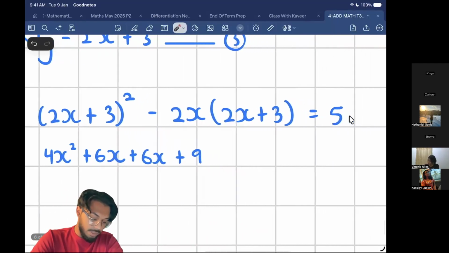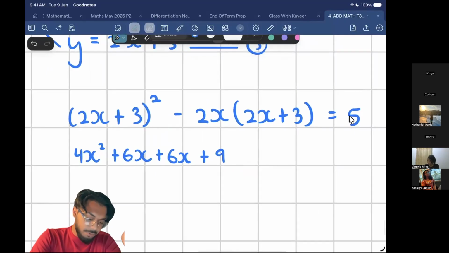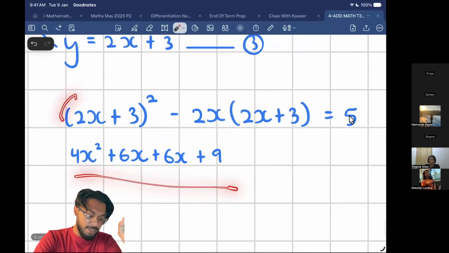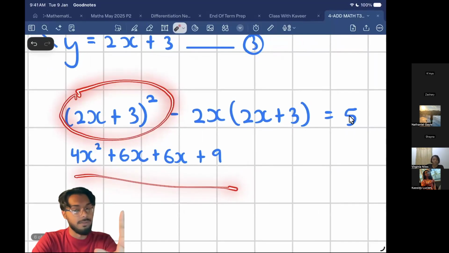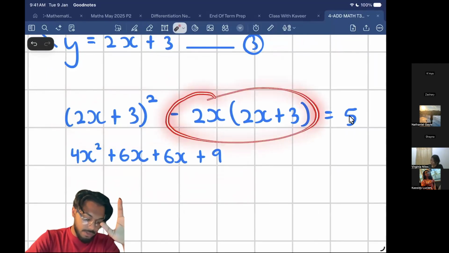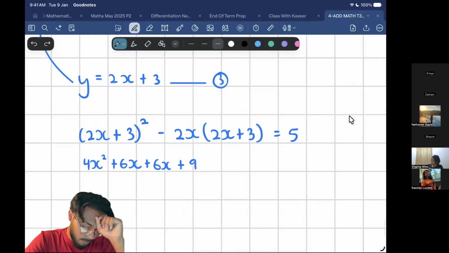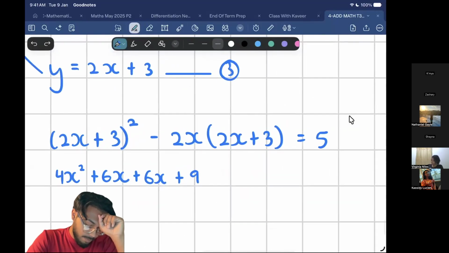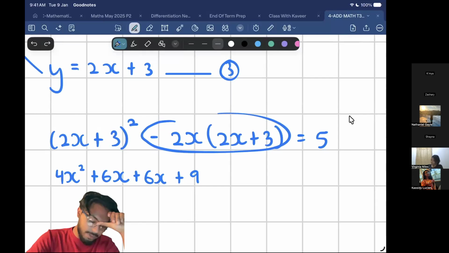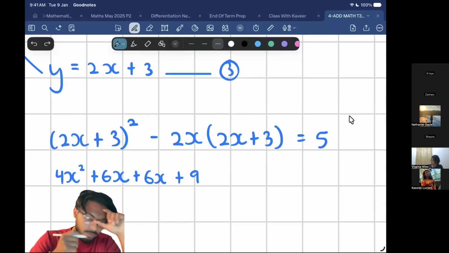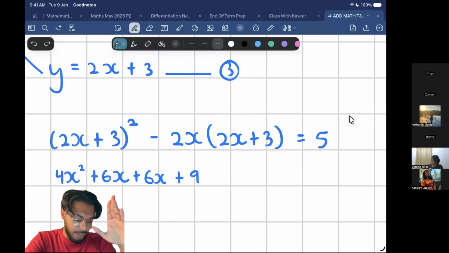All right, cool. I'll move on. Anybody confused as to how I got this when I expanded this? Okay. Then I'm going to expand this. Nathaniel, if I expand this, what would that be?